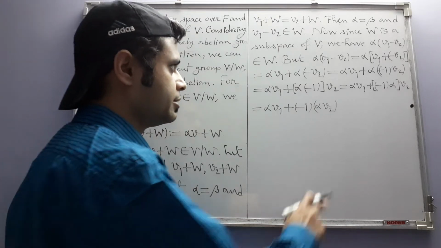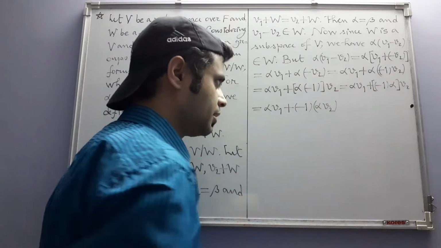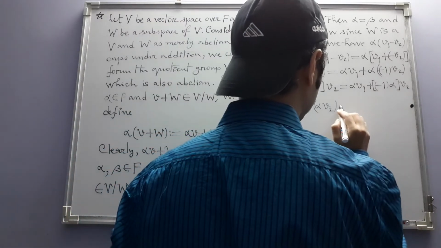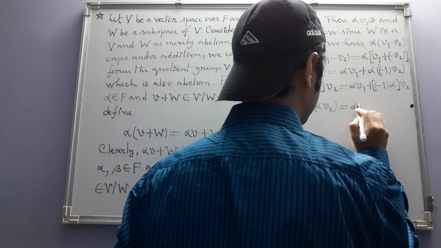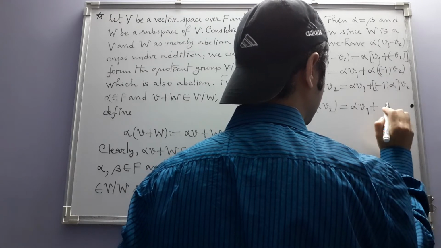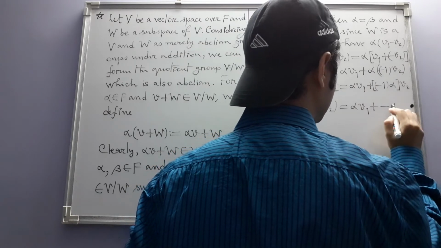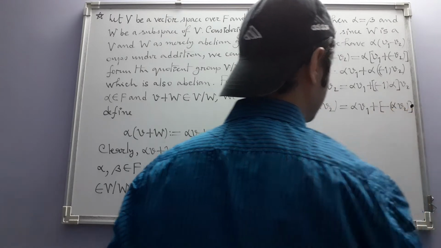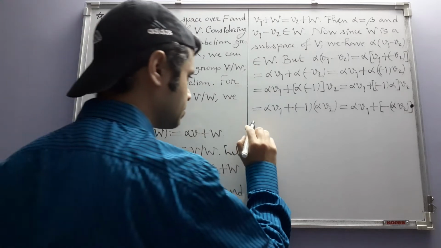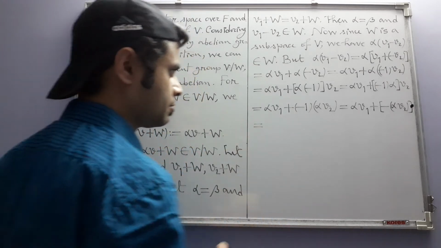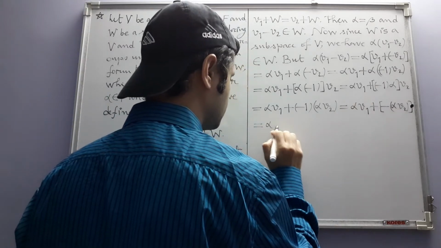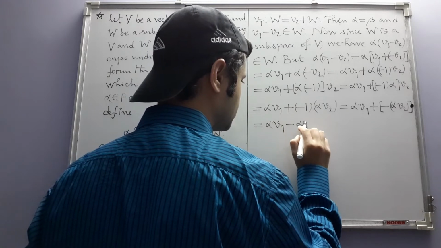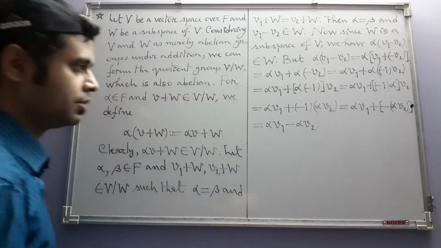Then again, just like in place of minus v2 we have written minus 1 times v2, we use that same thing here and write alpha v1 plus minus of the vector alpha v2. And this of course is written as alpha v1 minus alpha v2.